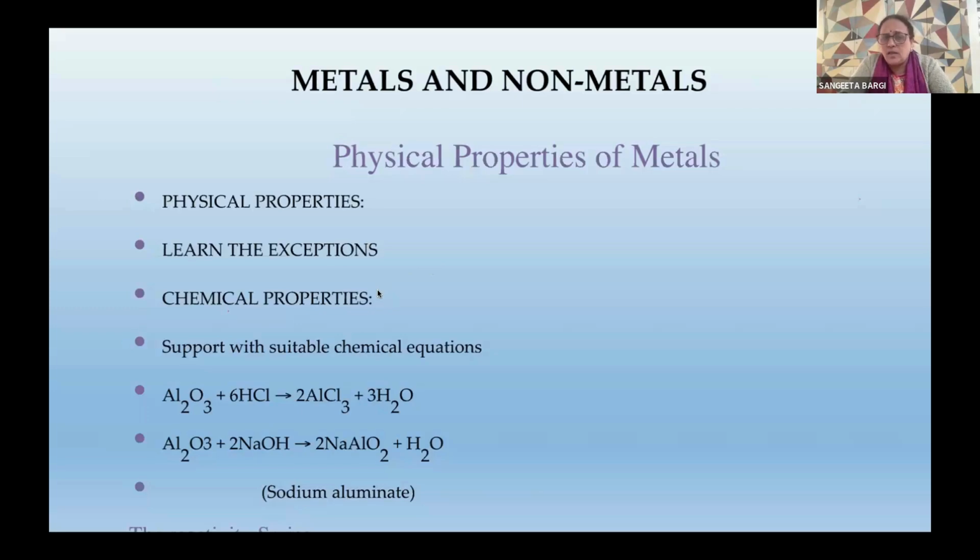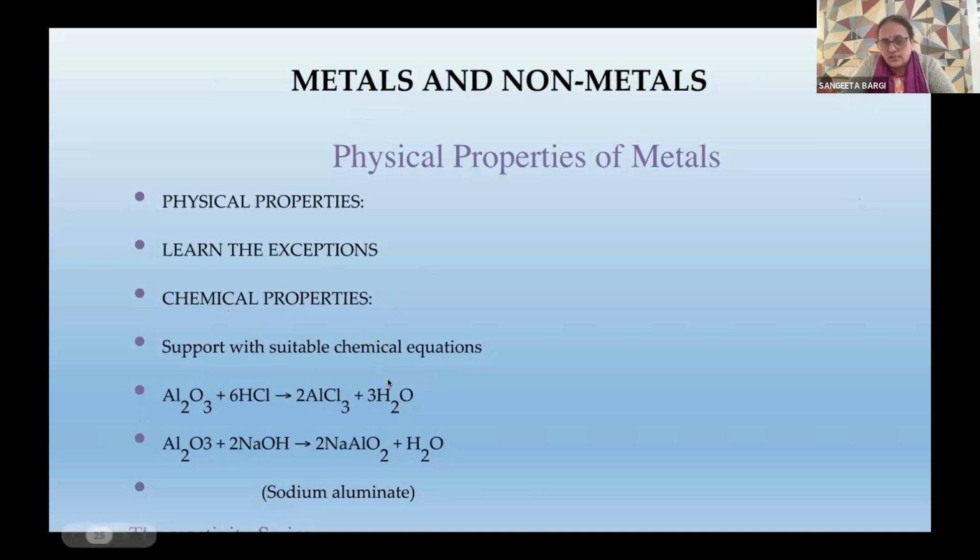While preparing the chemical properties, support your answers with suitable chemical equations. For example, you may have a question, aluminium oxide is an amphoteric oxide. Justify. When that question is given, the answer is since it reacts with both acids and bases to give salt and water, it is amphoteric.